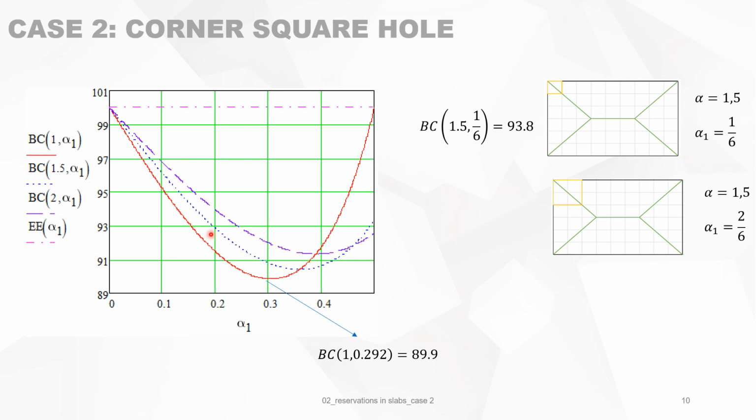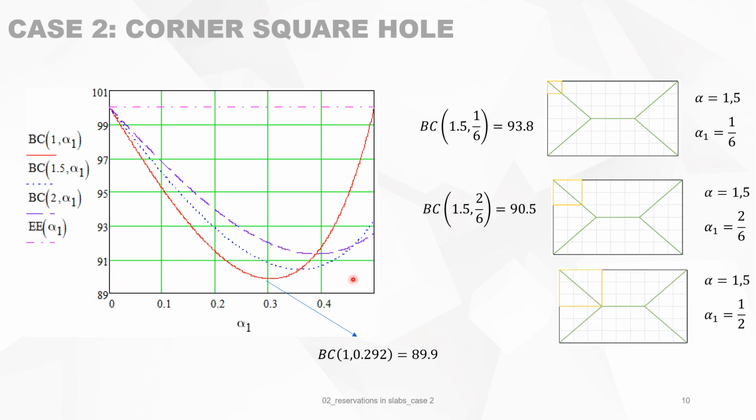At 2/6 or 1/3, this is this hole, then you have 90.5, which is somewhere here. And when you have alpha 1 is 0.5, which is at this side, you will end up with 93, which is this point there.